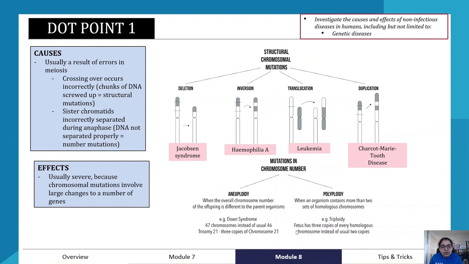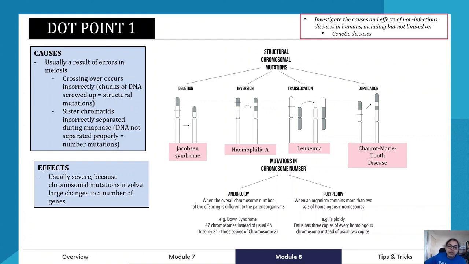So in Down syndrome, there are 47 chromosomes instead of 46, and that is because chromosome 21 has 3 copies, and this is what I was just mentioning in terms of the sister chromatids not separating correctly, and that can cause an uneven number of chromosomes as well.